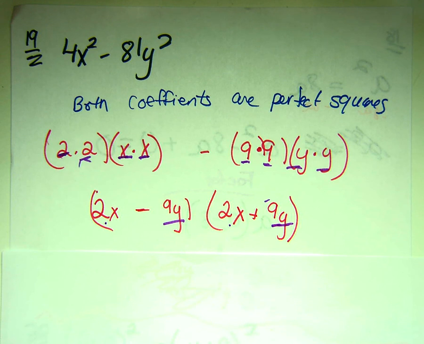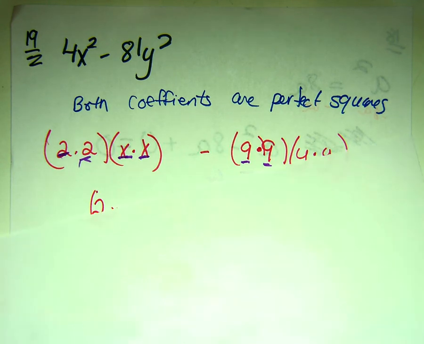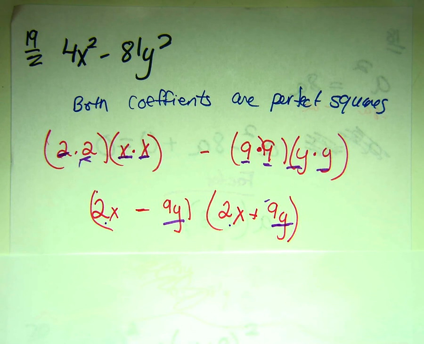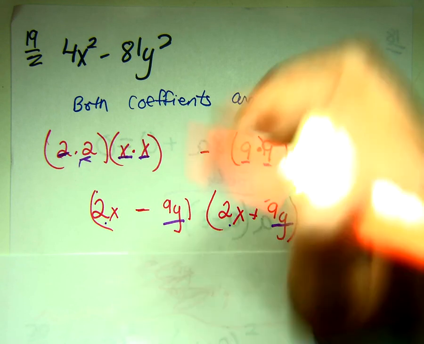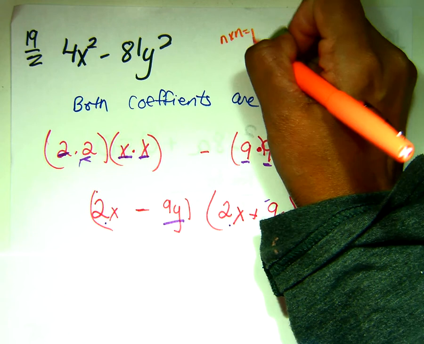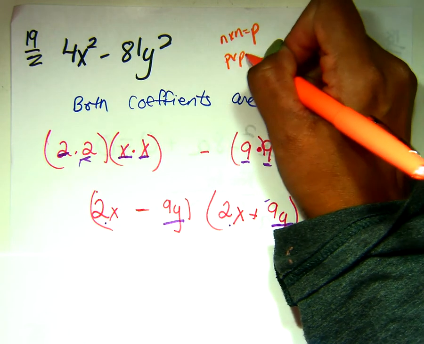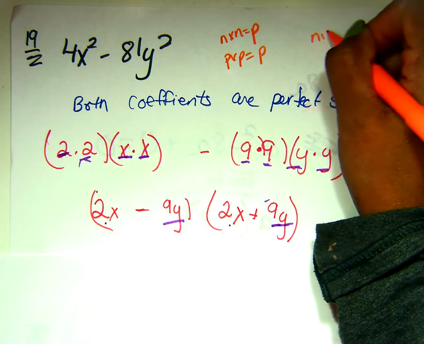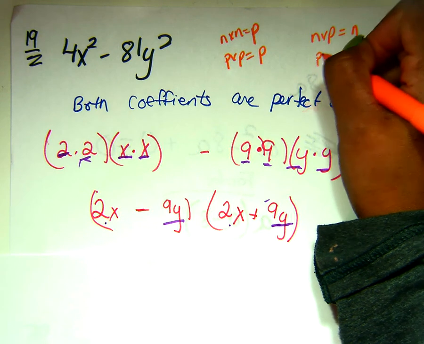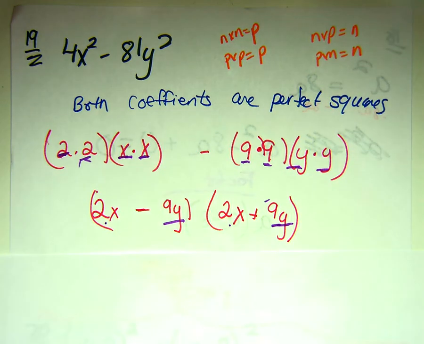Notice right here, you have a minus sign. Well, let's think about that. When we multiply, we know that 2 negatives give you a positive. 2 positives still give you a positive. But when they're unlike signs, a negative and a positive, they give you a negative.